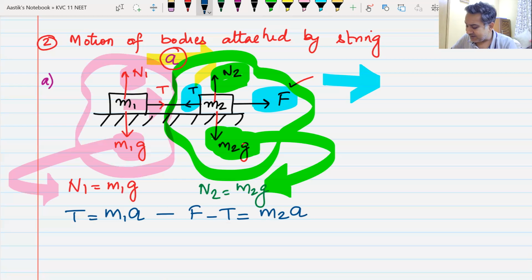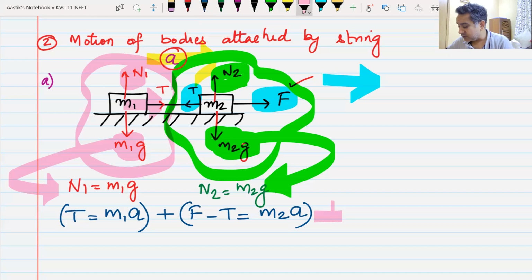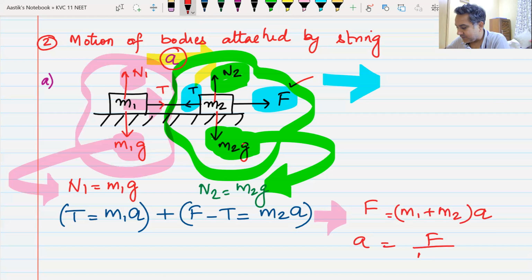Now, if I add equation number 1 with equation number 2, what I will get is what the shortcut was all about. I will get the value of F as M1 plus M2 times A. So you can remember the value of this acceleration. It will always remain F upon total mass.